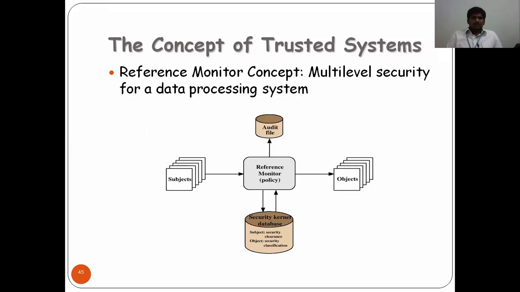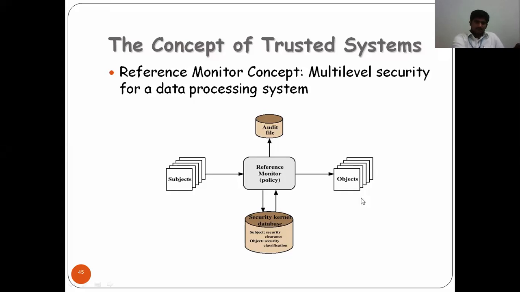See the reference monitor concept, multi-level security in data processing. We have subjects, audit files, and a security kernel database. That is the operating system level we are talking about, the database. The subject has a security clearance, and the object has a security classification.